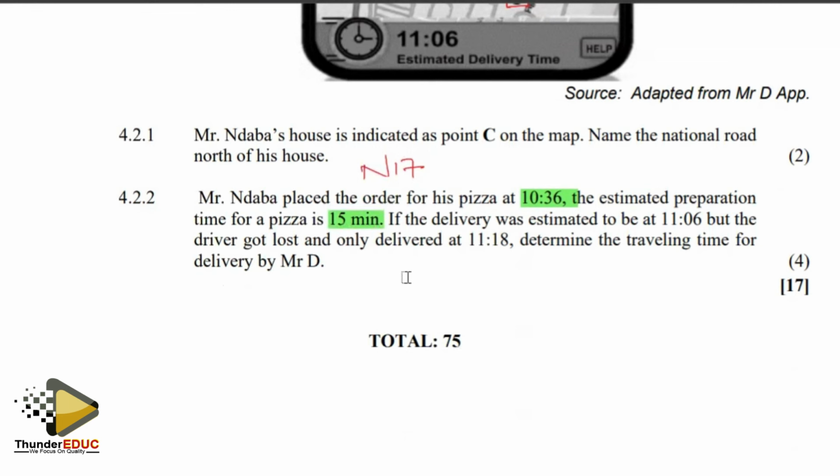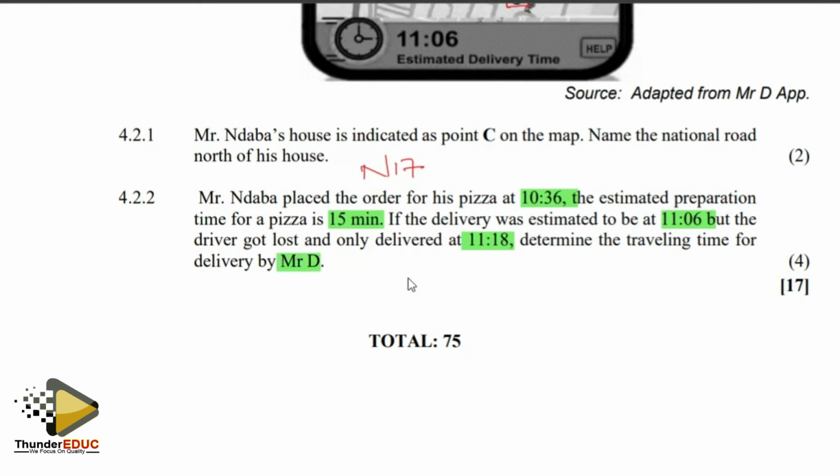If the delivery was estimated to be done at 6:11, but the driver got lost and only delivered at 11:18, determine the traveling time for Mr. D. We are looking at the travel time.